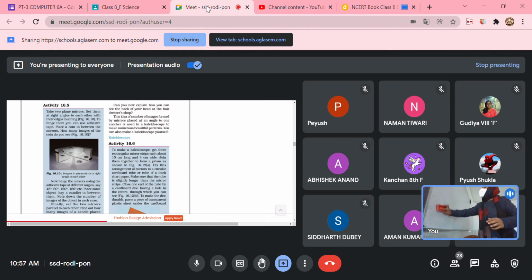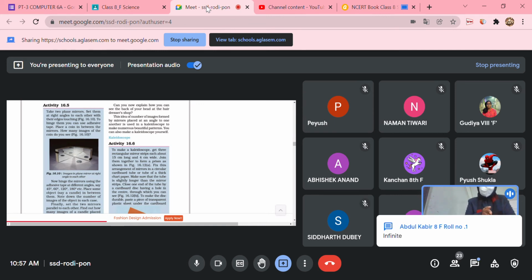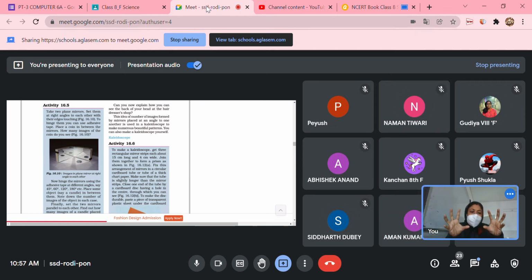When the two mirrors are parallel to each other, the angle between them is 0 degrees. So the answer, 360 or any number divided by 0, is infinity.